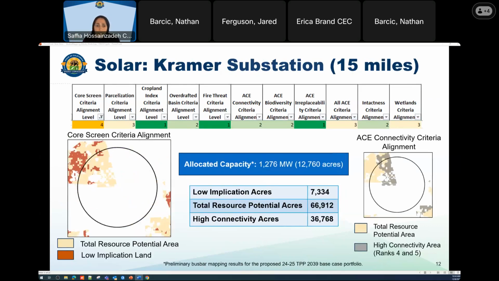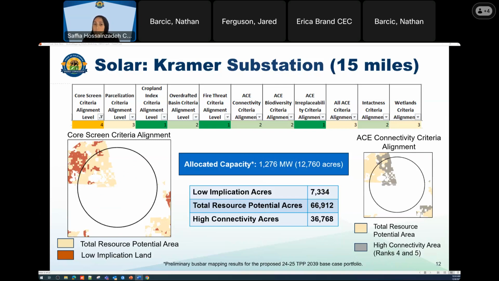If we look at our next example substation, the Kramer substation, we've used it as an example before in past workshops, but it's a substation that has a lot of constraints facing it.